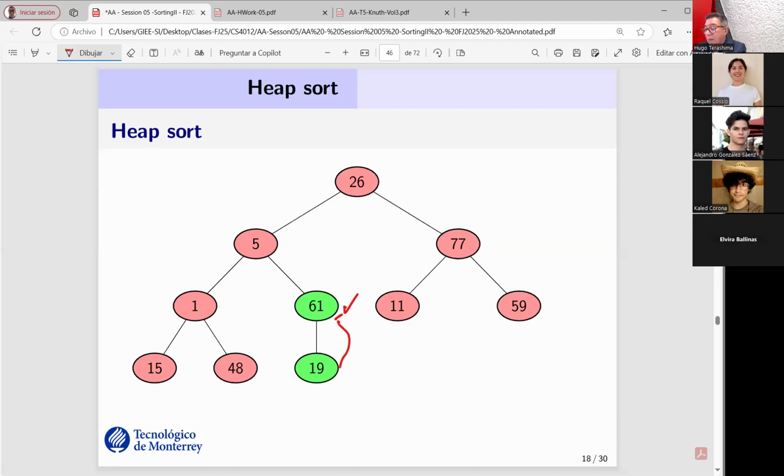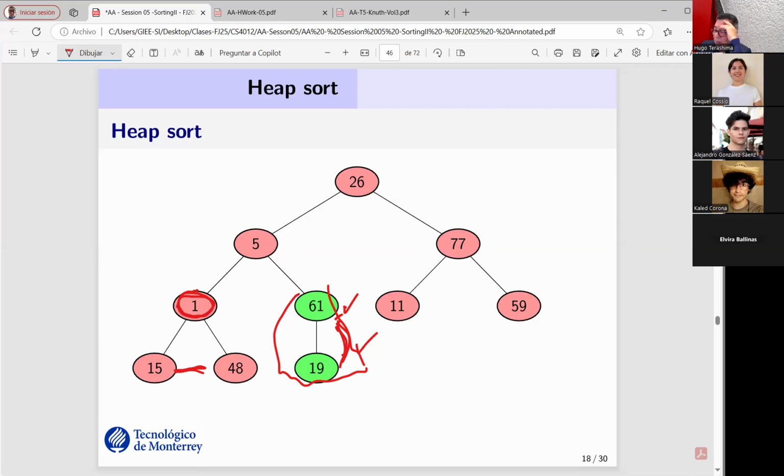So this condition is okay for this sub-tree, which is a sub-tree with just one offspring. And then we do the next one, which is here. We compare these two, and we take the largest, and then we compare it with the value in this node, and then we rearrange, right?